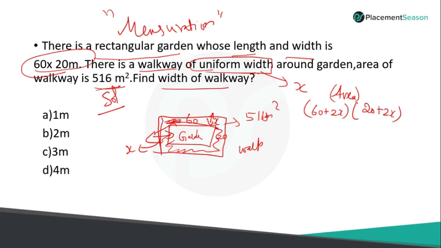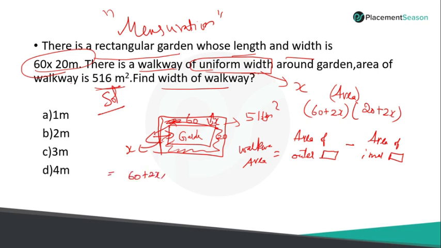So walkway area is equal to area of outer rectangle minus area of inner rectangle. So what is area of the outer rectangle? 60 plus 2x into 20 plus 2x, because length into breadth, minus inner rectangle 60 into 20.